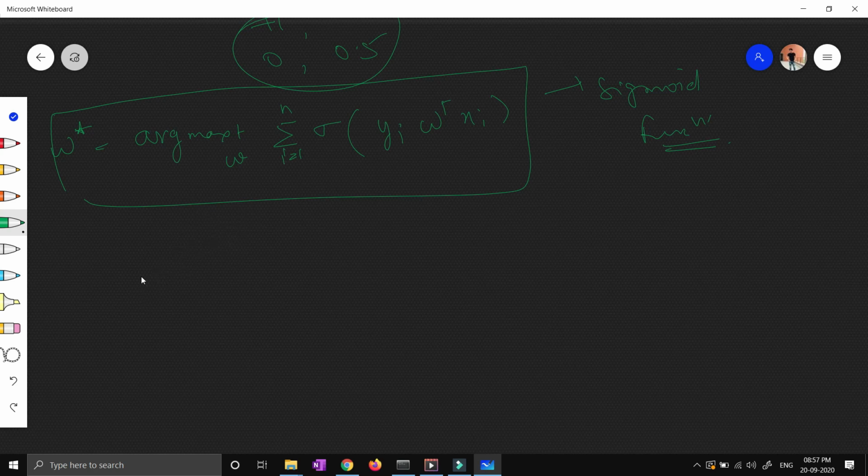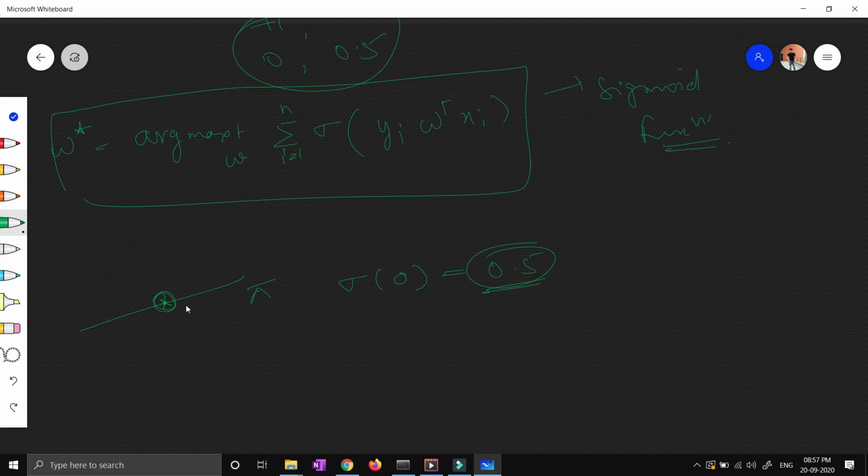if this is my plane pi, and I have a point that lies on this plane, then the distance is 0. The distance of this point from this plane is 0 because it lies in the plane. So you can see that this value will become 0.5.